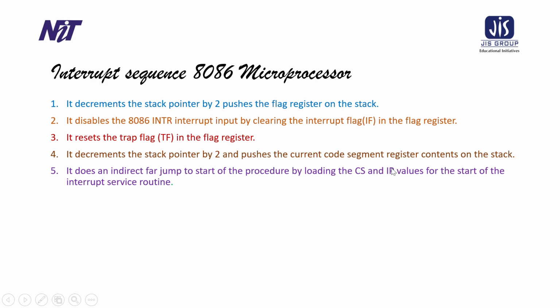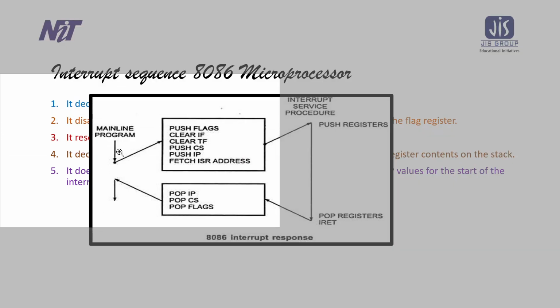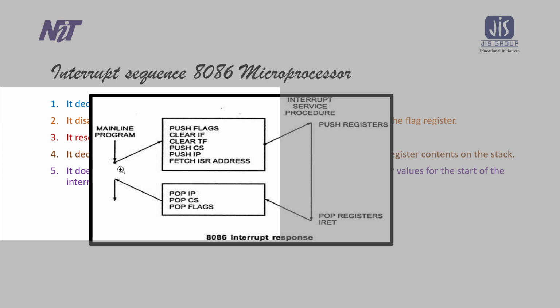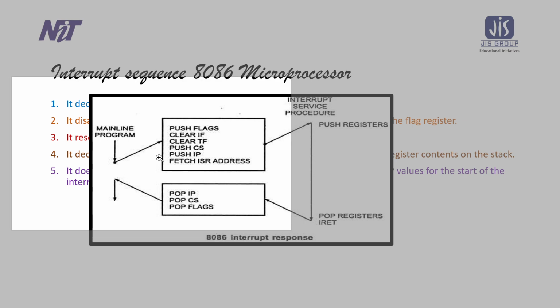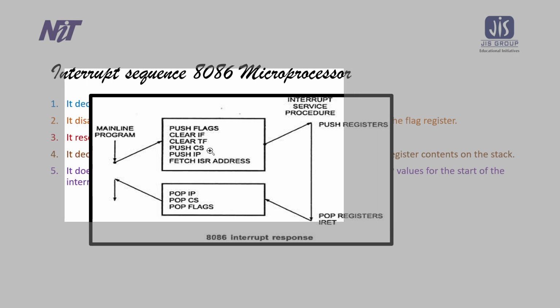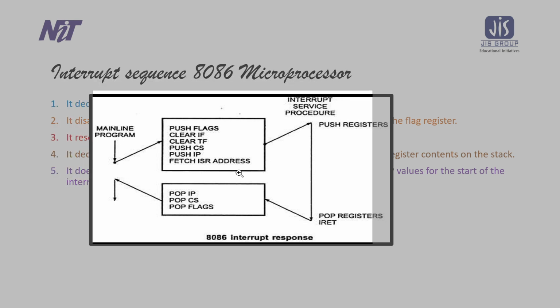Now I will explain with the help of the diagram. This is the mainline program, that means the execution of the program is going on. Then the microprocessor finds an external asynchronous input coming through. First it pushes the flags, clears IF, clears the trap flag TF, pushes CS, pushes IP, and fetches the ISR address.